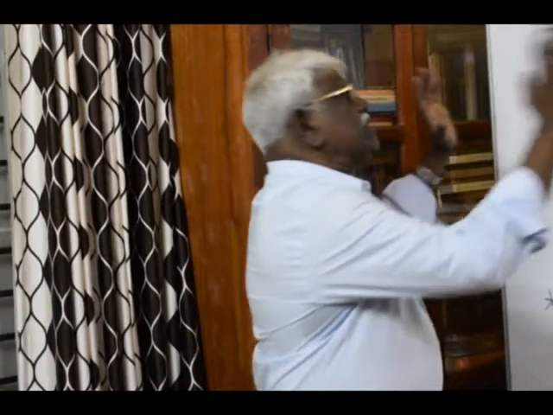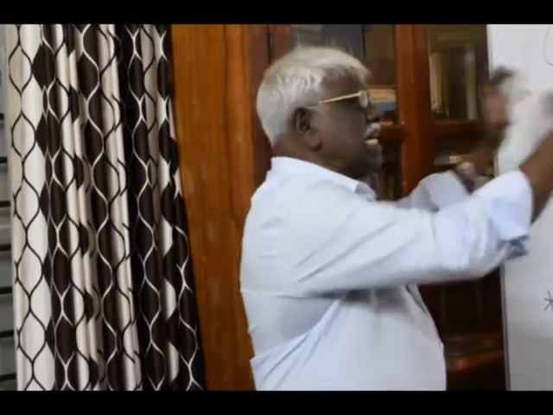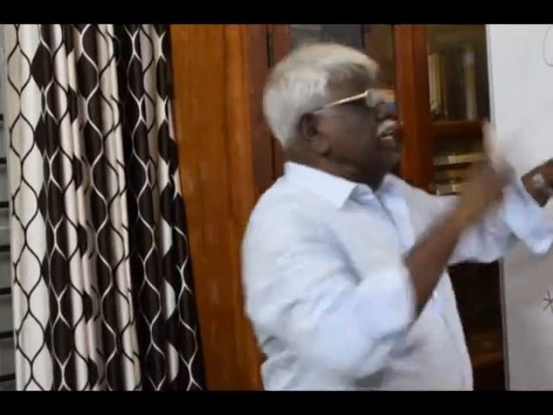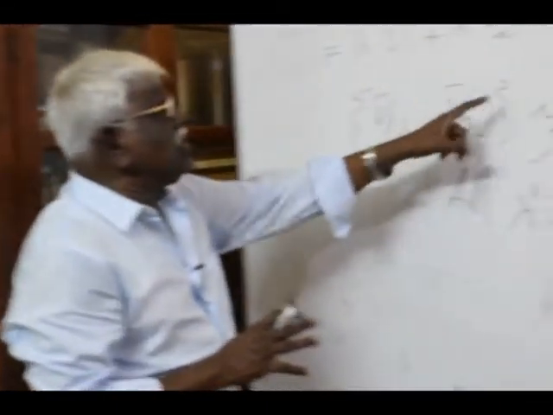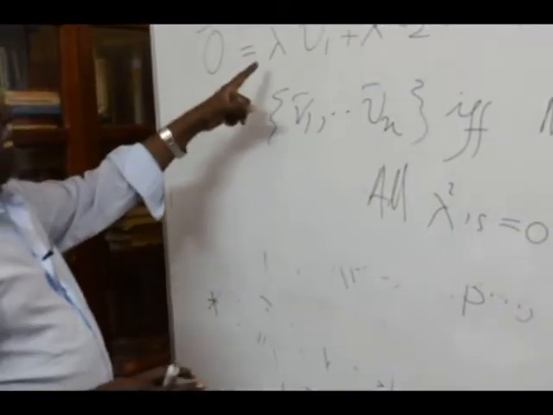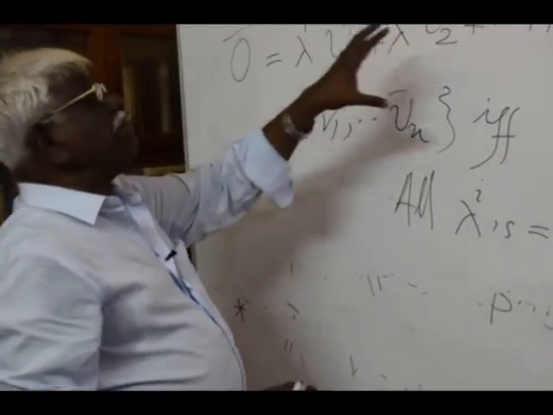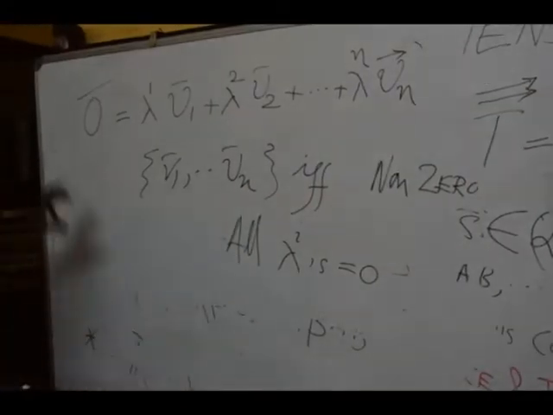So first we have constructed a mathematical object out of n non-zero vectors. Each vector is not zero, and after multiplying with scalars lambda 1, lambda 2, up to lambda n, we added everything and got a zero vector.